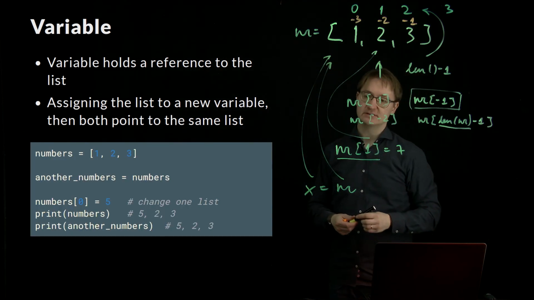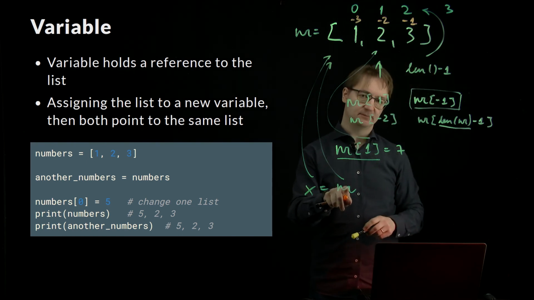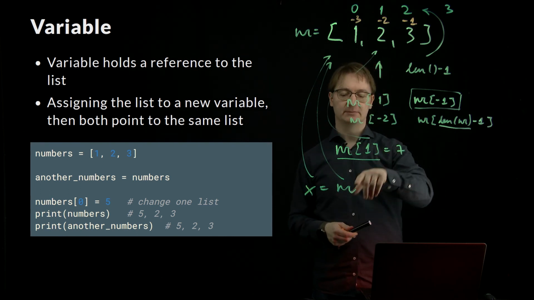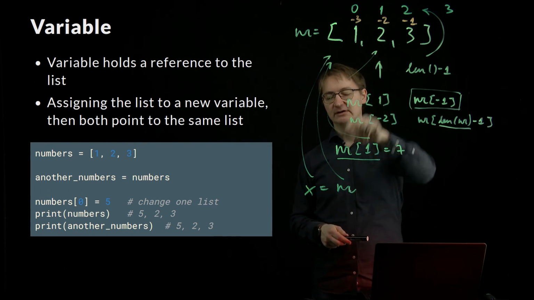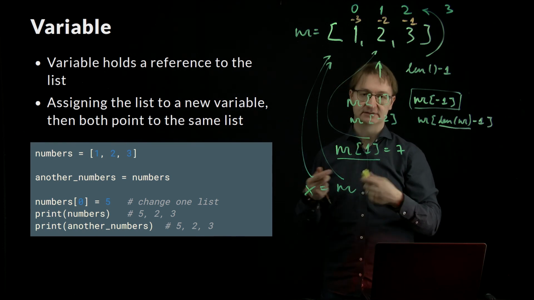What it means is that in case we change elements by this variable, for example we change the element here to 7, then it's the same for the x variable or the x list.